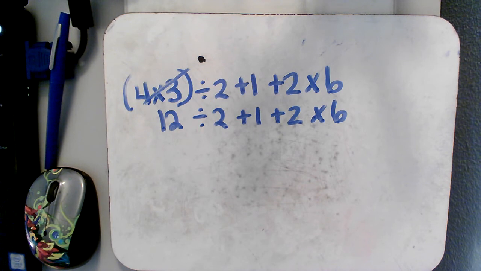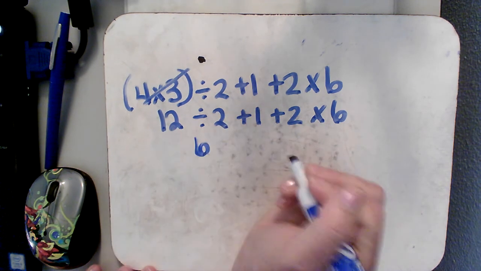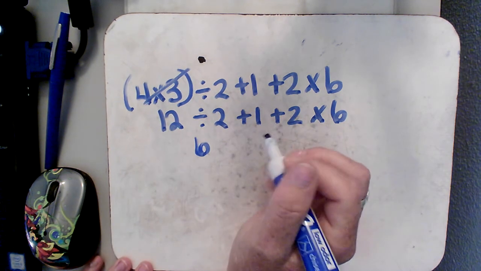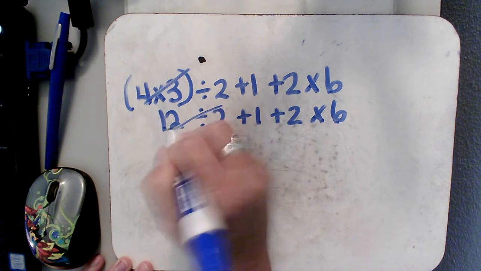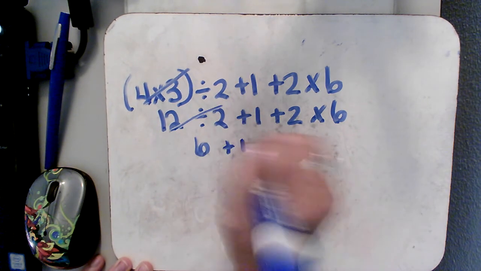Perfect. First come, first served, right? And class, what is 12 divided by 2? 6. What do we do to 12 divided by 2? Mark it out, then bring it down, right?